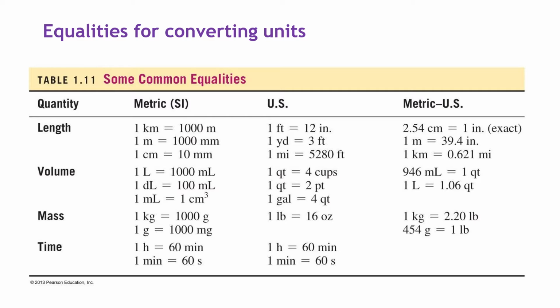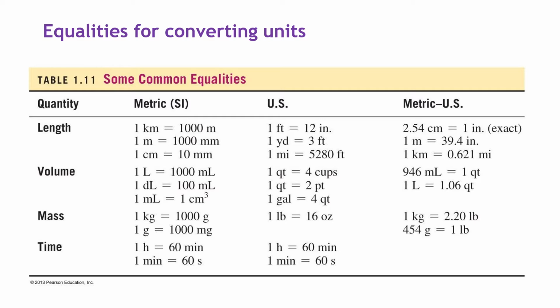So we have a bunch of equalities in the US, in other words, 1 foot equals 12 inches, that don't exist in countries like France or pick any country in the world, really. They're on the metric system, we're not. So it is nonetheless useful to understand what equalities are in terms of the US system, and then be able to actually convert between metric and US.